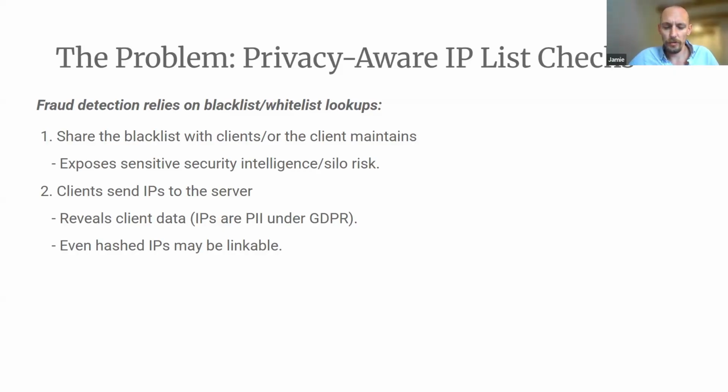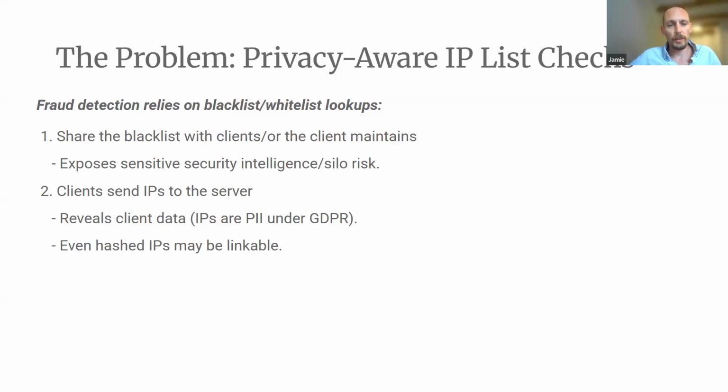Even the act of sharing an IP address with a third party to check against a blacklist opens up risk in terms of breaching GDPR. I should mention as well that even a hash of an IP can be considered, and certainly is by most regulators, to be PII as well.